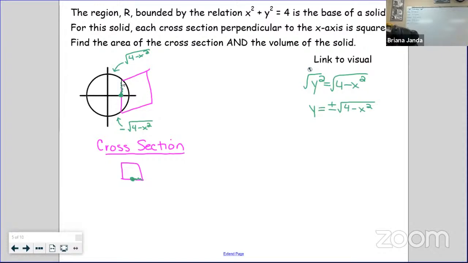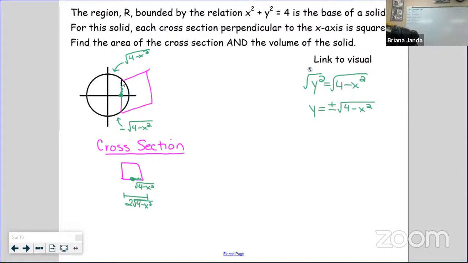So this part right here is the square root of 4 minus x squared. But that's only exactly half of the length of the base of your square. So this whole thing would be double that, 2 times the square root of 4 minus x squared. Questions on that?